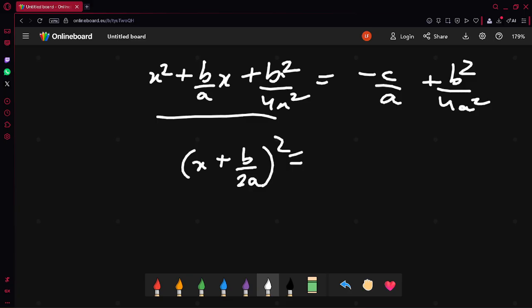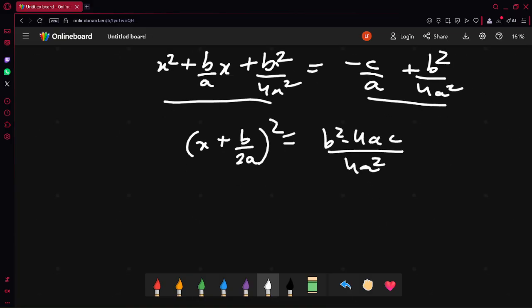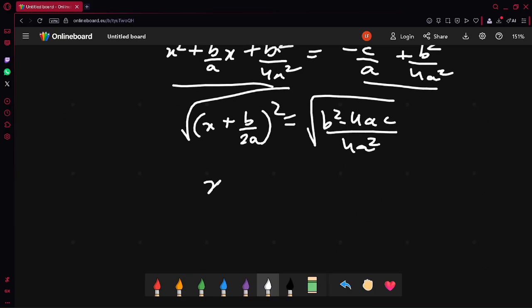And on the right-hand side, by simplifying this fraction, we get b squared minus 4ac over 4a squared. Now, if we take the square root of both sides, then we would get x plus b over 2a equals plus or minus the square root of b squared minus 4ac over 2a.